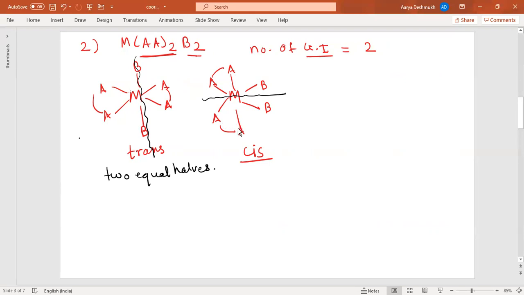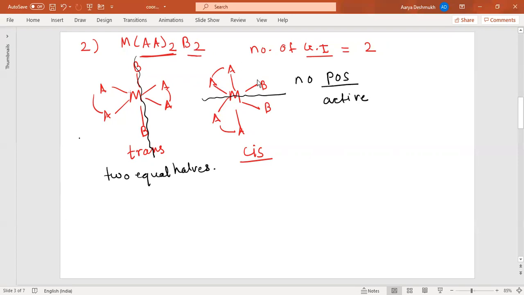This is the same thing as I told earlier also, that these two donor atoms do not lie in one plane. Okay, these also do not lie in one plane. And since they do not lie in one plane, this molecule does not have a plane of symmetry. So no plane of symmetry.